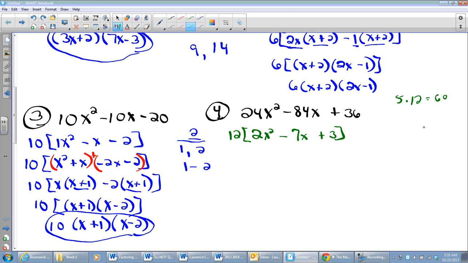2 times 3 is 6, right? So I'm going to need 2 factors of 6 that add to get negative 7. Well, how about a negative 1 and a negative 6?